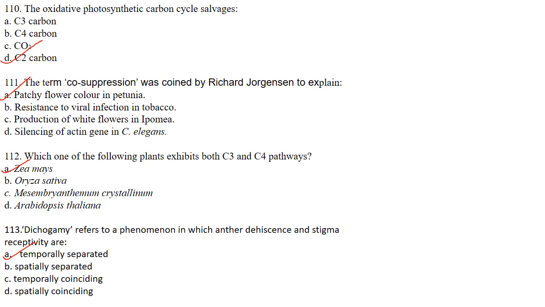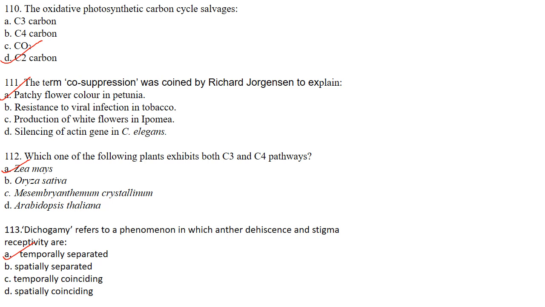So what they did was they took the chalcone synthase gene and introduced it into the petunia for getting more deeply colored flowers. So chalcone synthase gene is already present in the petunia. Now they introduced the chalcone synthase gene for overexpressing that particular gene. So they thought that by overexpressing they will get more deeply colored flowers.